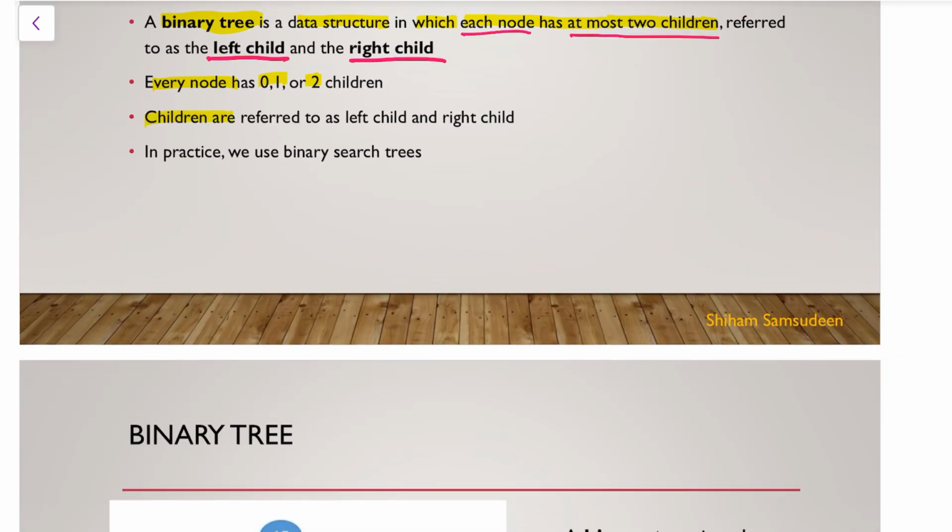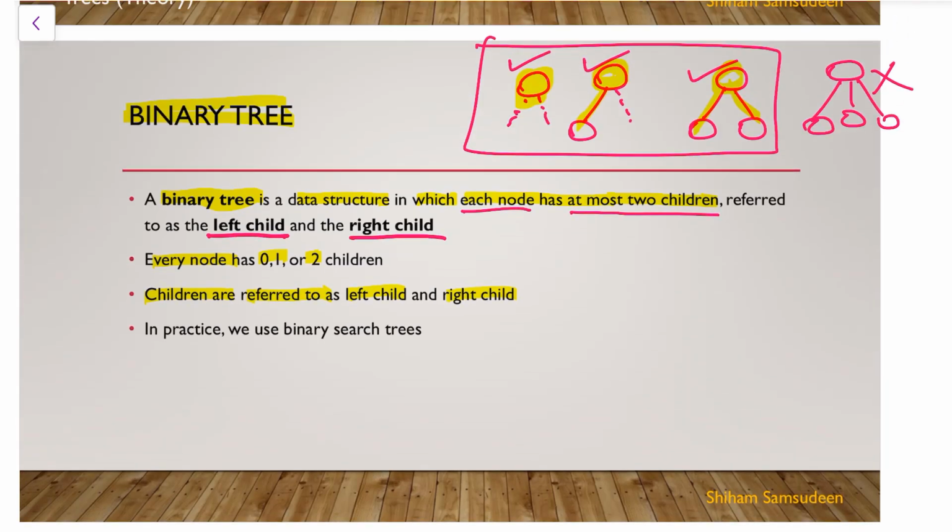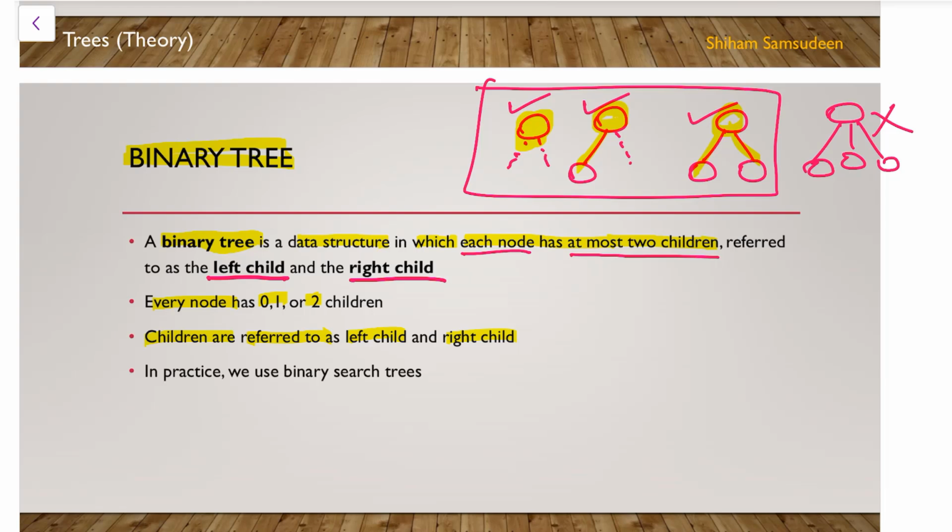So children are referred to as the left child and the right child, right? So in this example, here this is like the parent node, and then you have a left child to your left, and this is the right child.